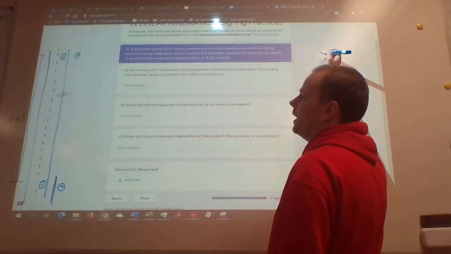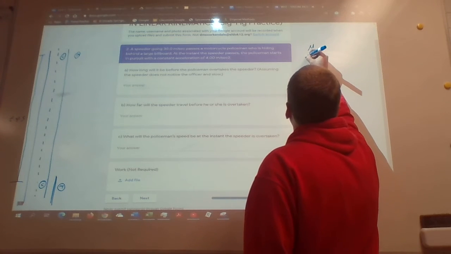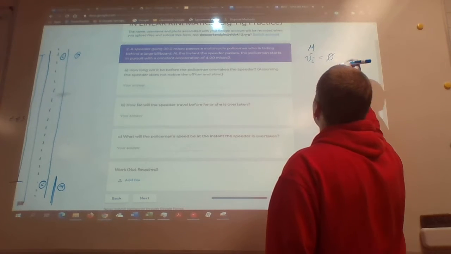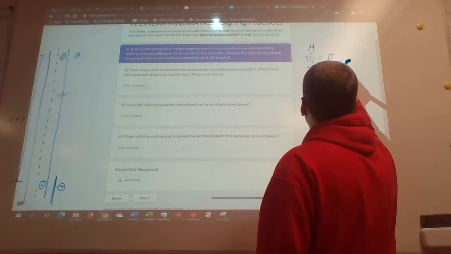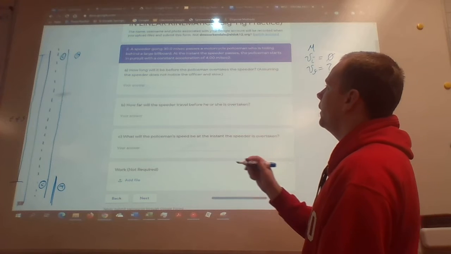Let's start with the motorcycle cop. We know his initial velocity is 0. We do not know his final velocity. That's one of the things we have to find. We know his acceleration.